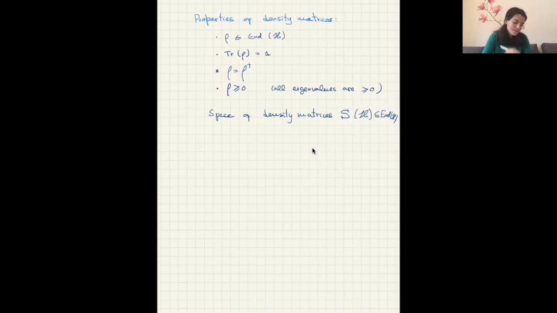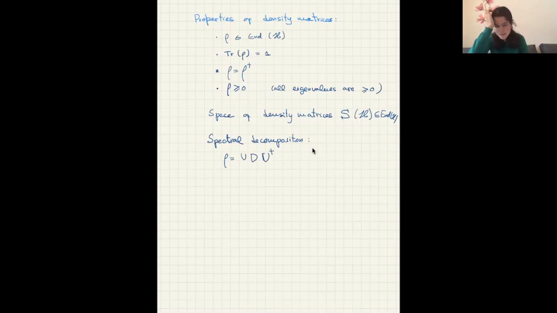Okay, and because they're Hermitian, they allow for being diagonalized, so we can have a spectral decomposition. What this means is that rho is some U, a diagonal matrix, U dagger.